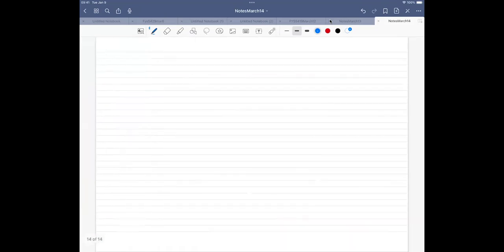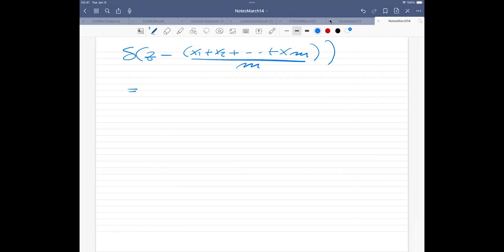Okay, so the delta function, we are just going to rewrite that in terms of the standard expression for the delta function, which has x1 plus x2 plus up to xm divided by m here. And we know that we can rewrite that in terms of an exponential with integration from minus infinity to plus infinity.